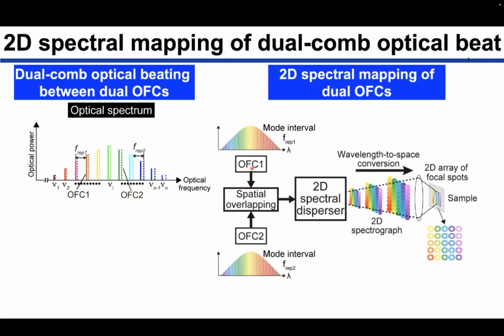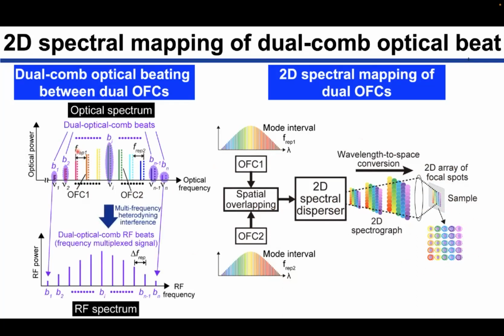Then the OFC1 and OFC2 are spatially overlapped and fed into the 2D spectral disperser. This results in generation of a 2D array of focal spots for OFC1 and OFC2 indicated by solid line circles and dashed line circles.